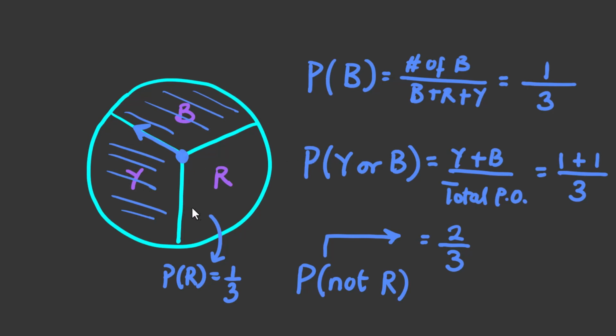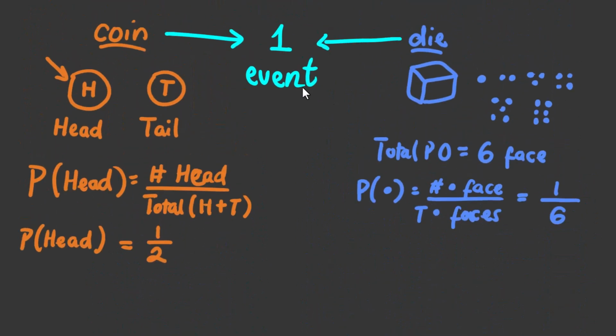Therefore, you are able to understand how probability works in terms of the or scenario and the not scenario when applying it to wheel questions, and also how it applies to one event questions, which focus on a coin toss or the tossing of a die.